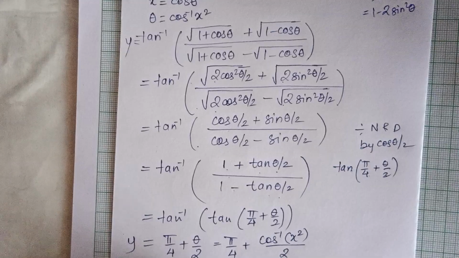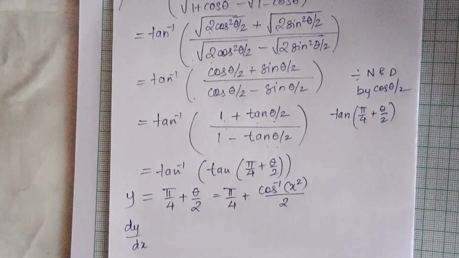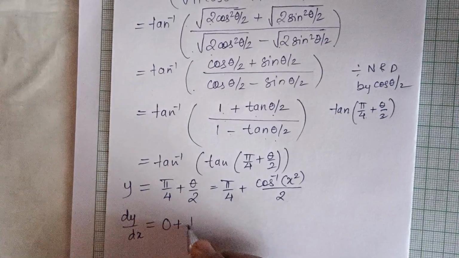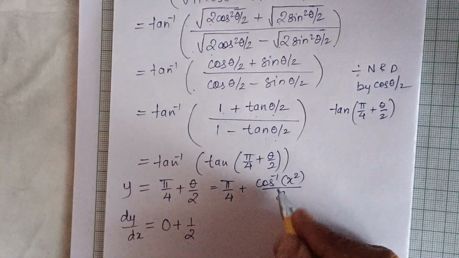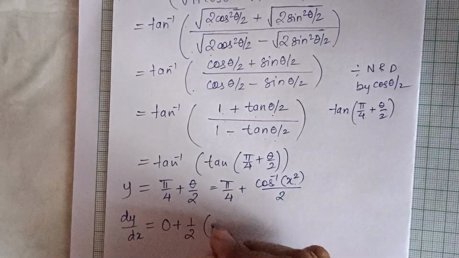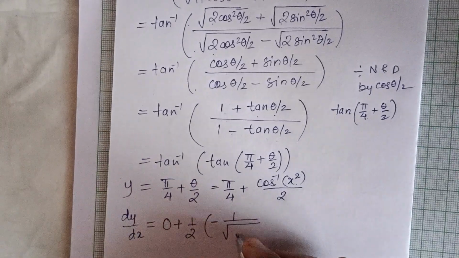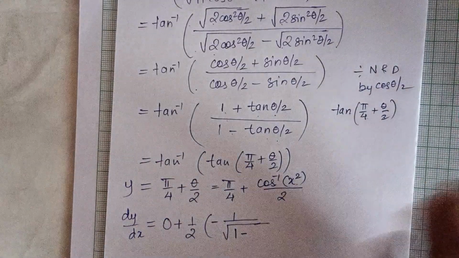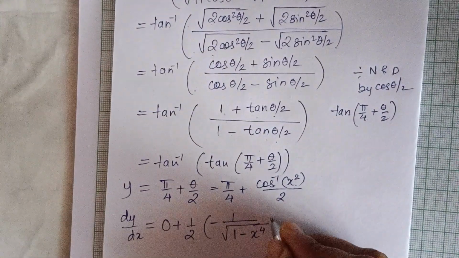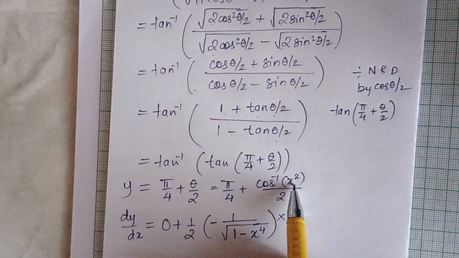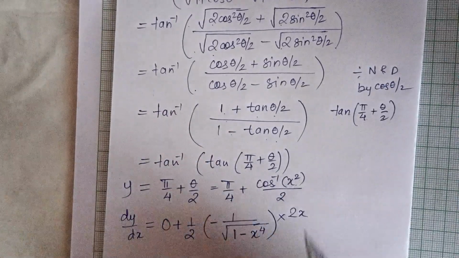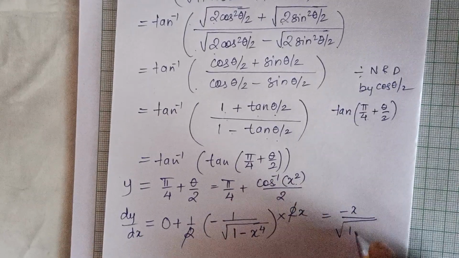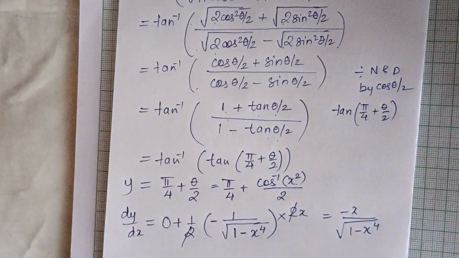So dy by dx is, this is 0, half is constant, derivative of cos inverse of x square is minus 1 upon root of 1 minus x square raised to square. So x raised to 4. Okay. And we have to write derivative of x square, that is 2x. So this is minus x upon root of 1 minus x raised to 4.